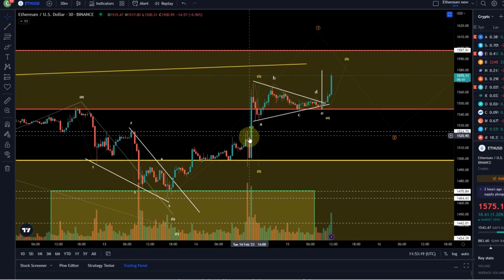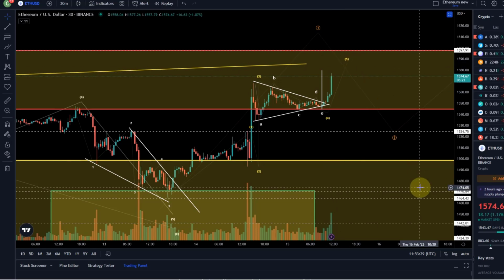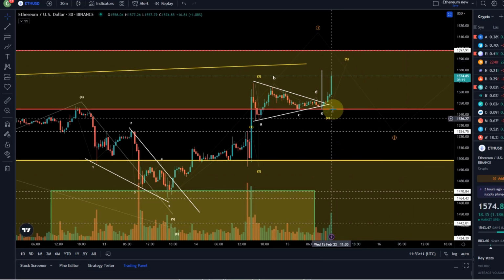So if wave 1 has approximately the same length as wave 3, wave 5 is not typically, but it can be the extended wave. So we need to be ready for an extension here, with Bitcoin as well, by the way. But this is the first target, 1580. So we could come down from here and happy days, yeah.